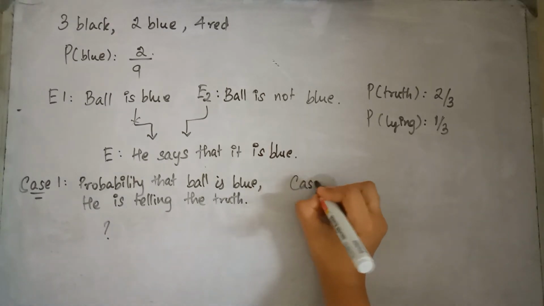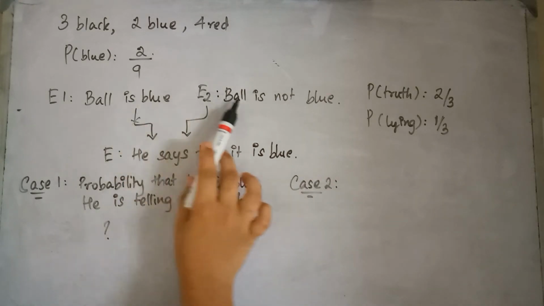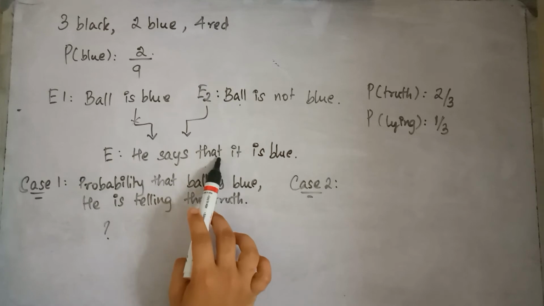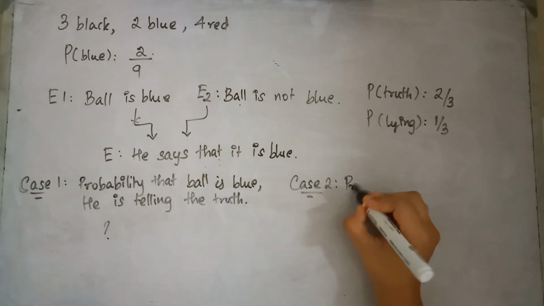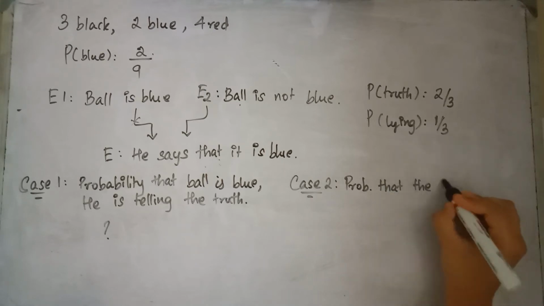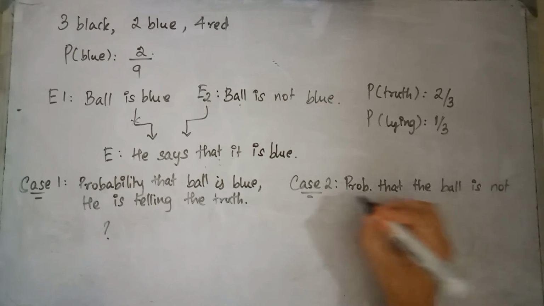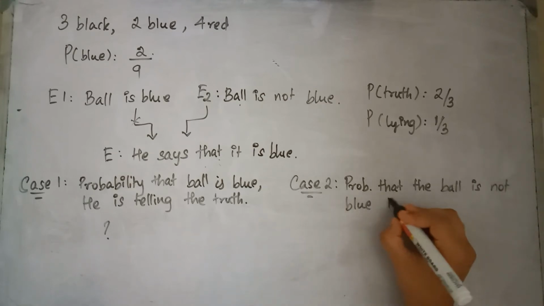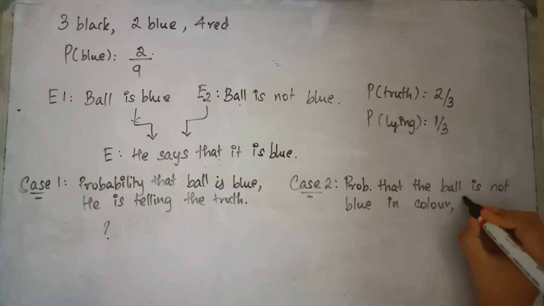Also, we have another case, and that is the ball is not blue in color, but he lies and tells that it's blue in color. This is the probability that the ball is not blue in color and the kid lies.